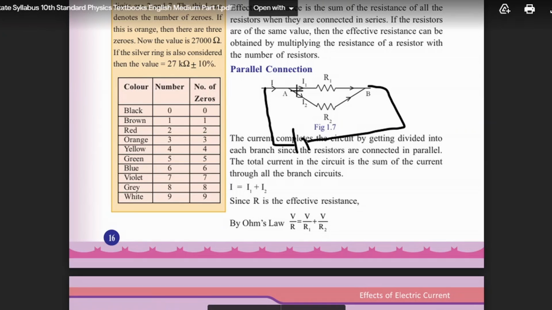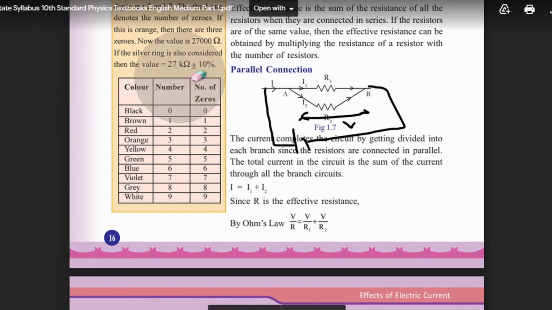So here the voltage will be the same, but the current will be different. That means one amount of current will pass through R1 and the remaining current will pass through R2. That means I1 passes through R1 and I2 passes through R2.